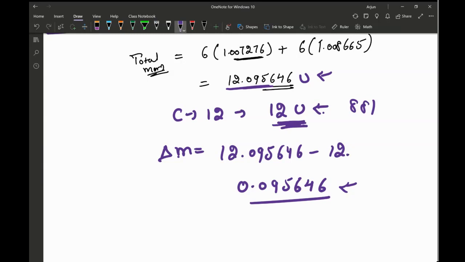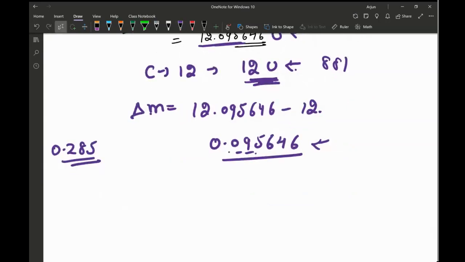It's totally fine in these questions, because when you do your calculations, your number will also come out a little different, but it should not be a huge difference. So something like 0.285 would be a huge difference. It should be 0.09. I matched the answer up to 2 decimal places. So your answer should match at least up to 2 decimal places.